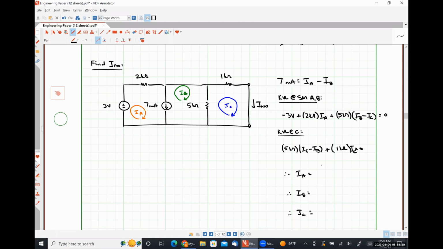Solving this system, I get 53/17,000 amps for IA, -33/8,500 amps for IB, and -11/3,400 amps for IC, where IC is equal to I Norton.